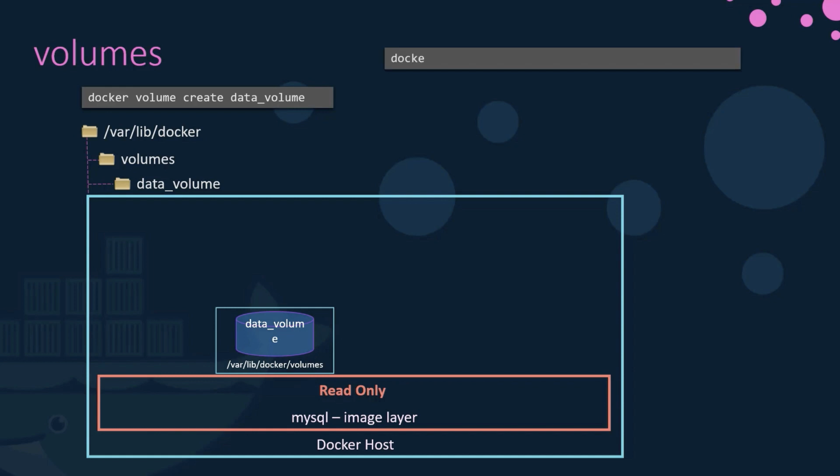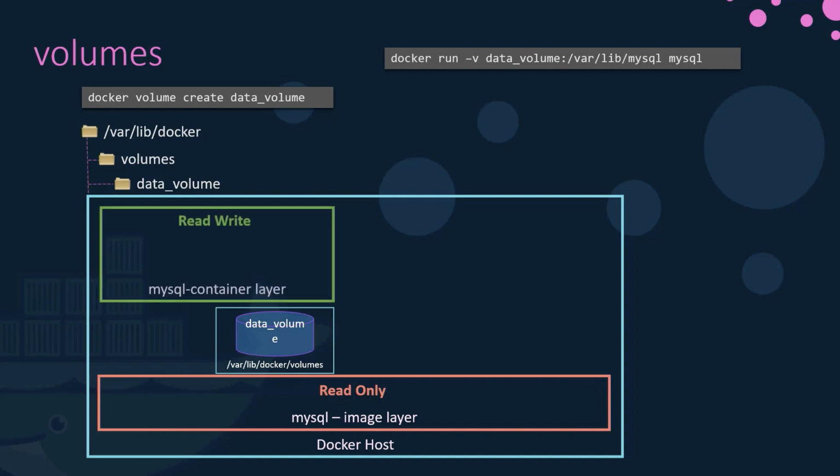Then, when I run the Docker container using the docker run command, I could mount this volume inside the Docker container's read-write layer using the -v option like this. So I would do a docker run -v, then specify my newly created volume name followed by a colon and the location inside my container, which is the default location where MySQL stores data, and that is /var/lib/mysql, and then the image name mysql.